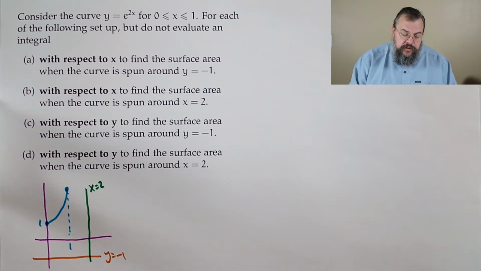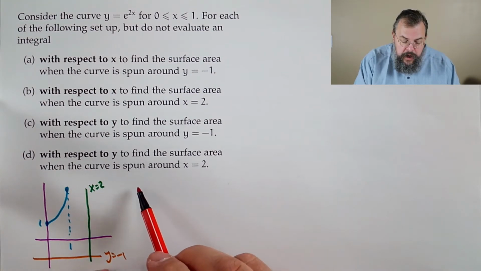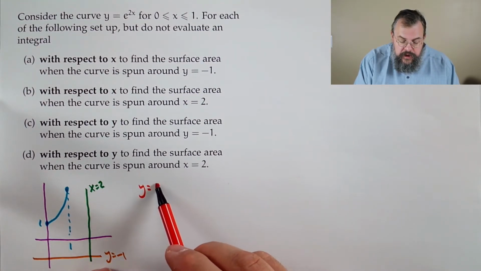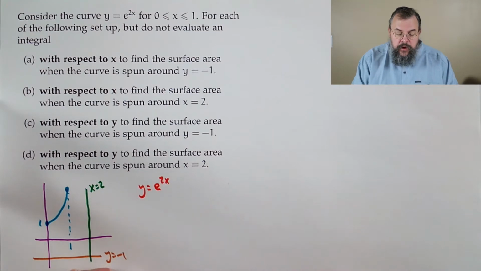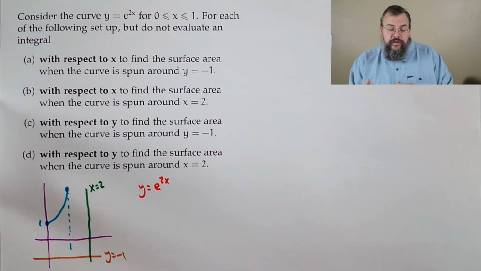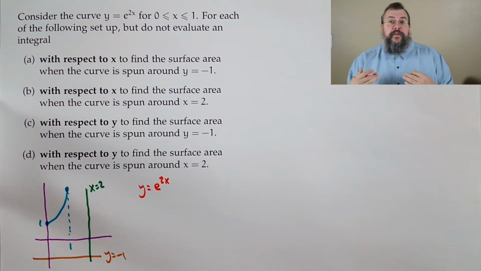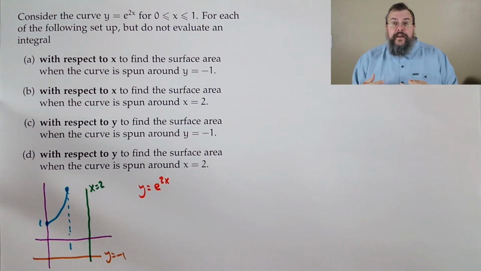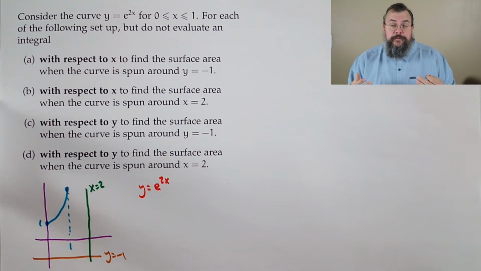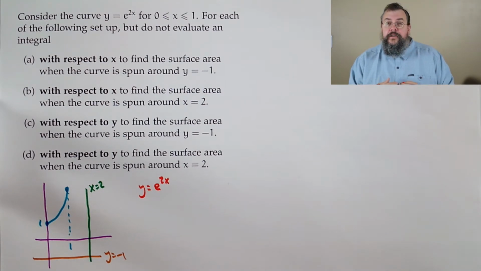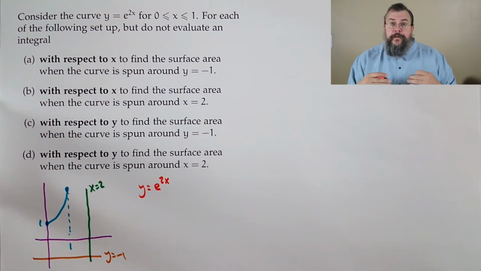So, first off, if we have y equal to e to the 2x, that's y as a function of x. So if we were integrating with respect to x, that's great. If we want to integrate with respect to y, we need to write x as a function of y. All right, so we need to somehow do the inverse.